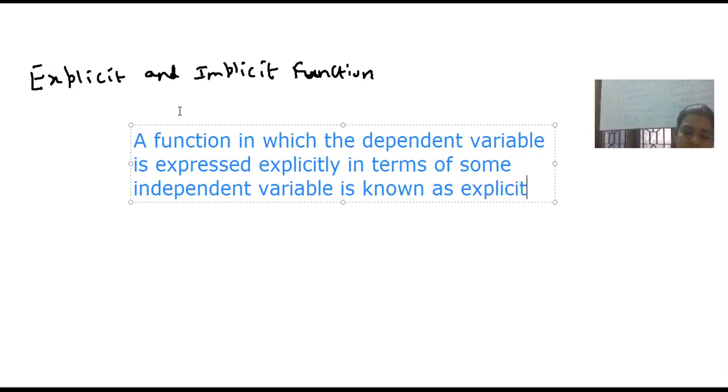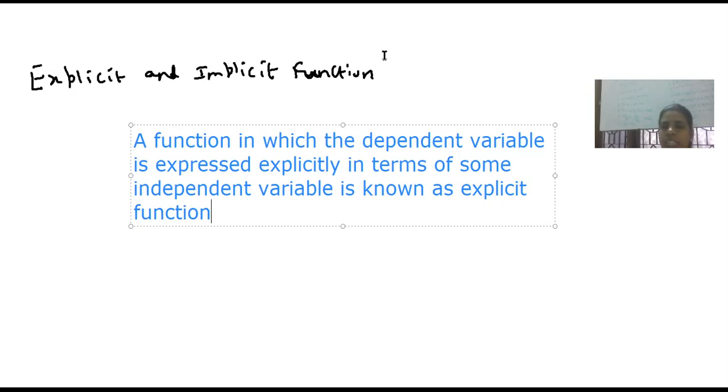Then what is an implicit function? Are you getting the idea? A function in which the dependent variable is expressed explicitly in terms of some independent variable is known as an explicit function.